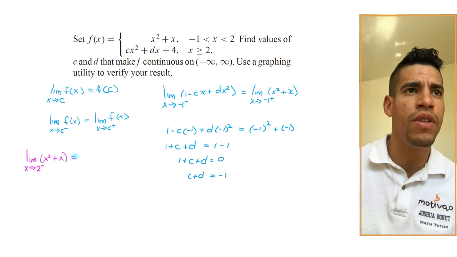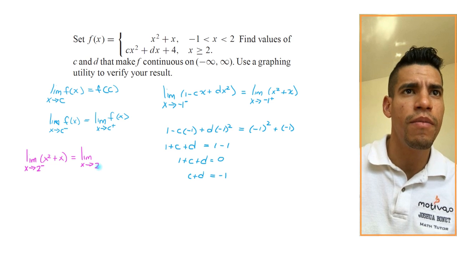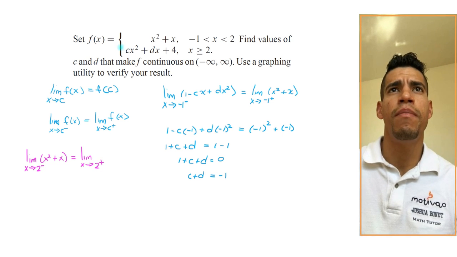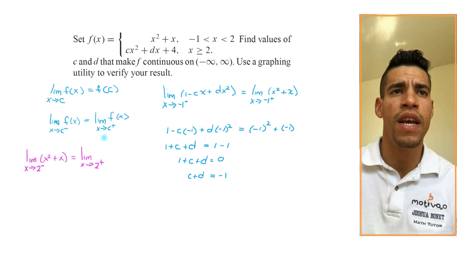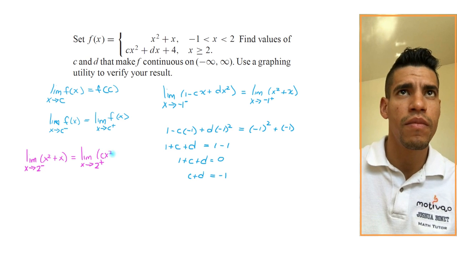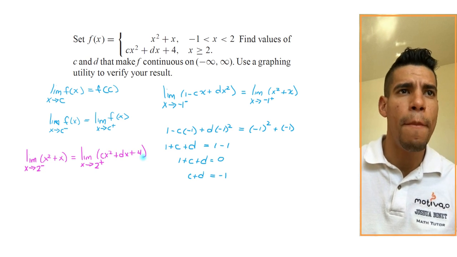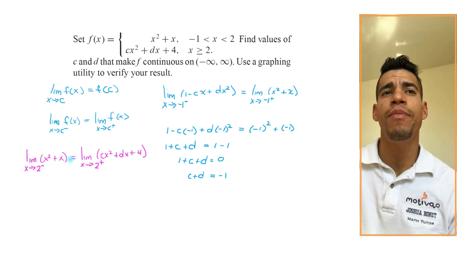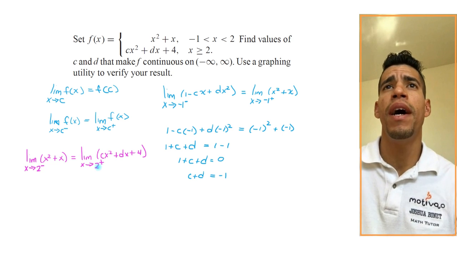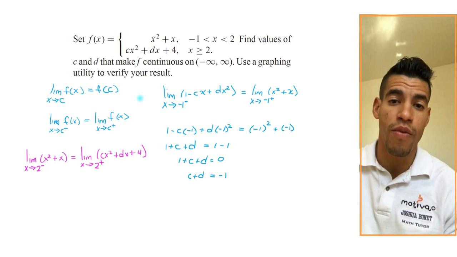So that must be equal to the limit when x approaches 2 from the right, which is this bottom one, cx squared plus dx plus 4. And again, it has to be equal to f of 2, but the equality is already in this function, so it's redundant to write it.